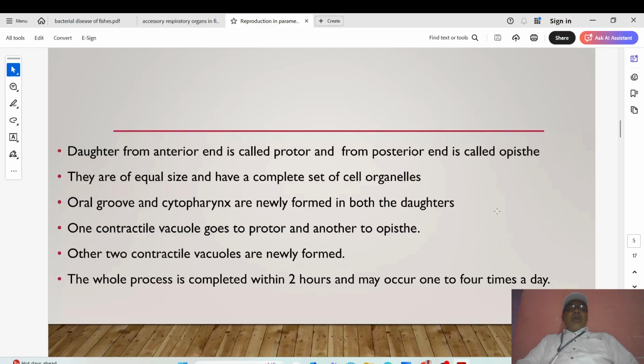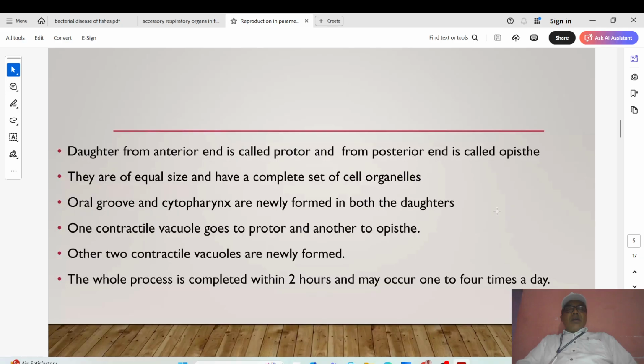The daughter from the anterior end is called the proter, and from the posterior end it is called the opisthe. They are also equal in size and have a complete set of cell organelles. Oral groove and cytopharynx are newly formed in both daughter Paramecia.